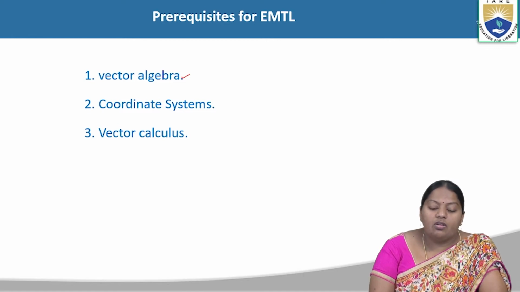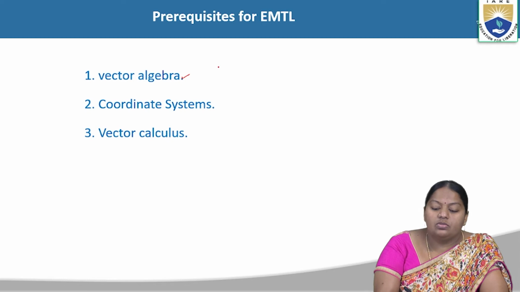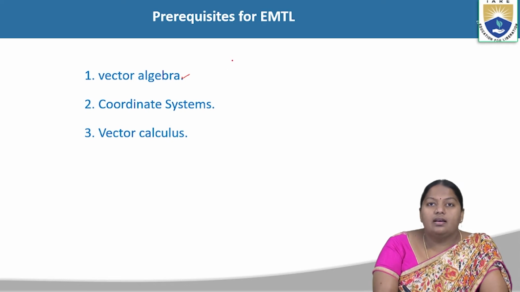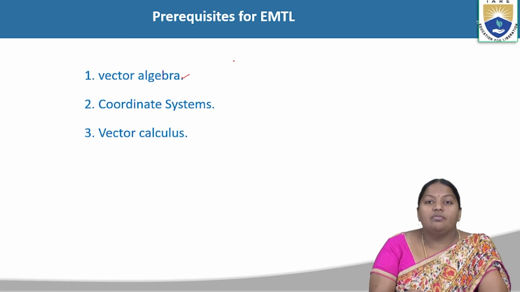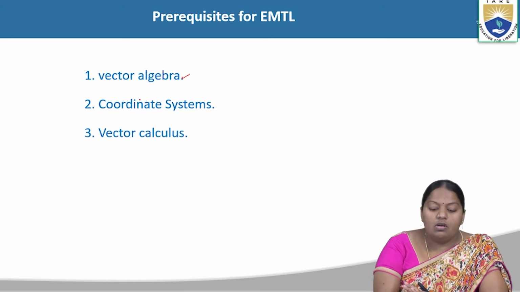In vector algebra, we will discuss what we mean by a vector and a scalar, the different examples of scalars and vectors, then how we perform addition and subtraction of vectors. Coming to the multiplication of vectors, two cases are to be considered: the scalar product as well as the vector product. Then the position vector and displacement vector are to be discussed in vector algebra.